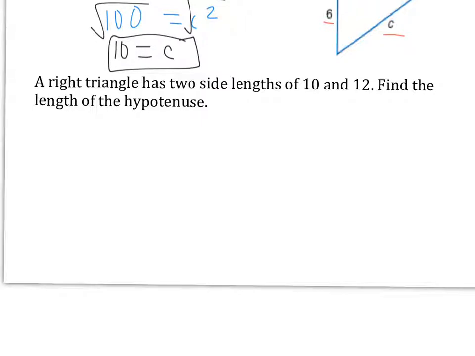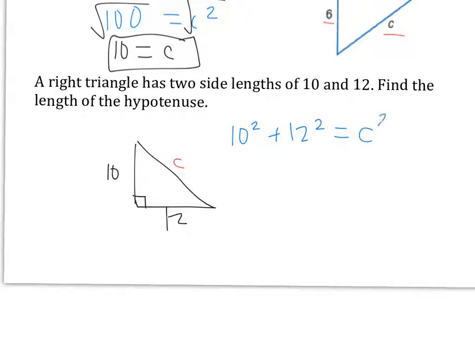A right triangle has two side lengths of 10 and 12. Find the length of the hypotenuse. So if I wanted to draw myself a picture, I could. So a right triangle, and has two side lengths of 10 and 12, and I want to figure out the hypotenuse. So again, this setup will be a squared plus b squared equals c squared.